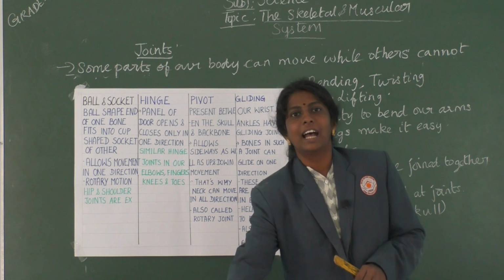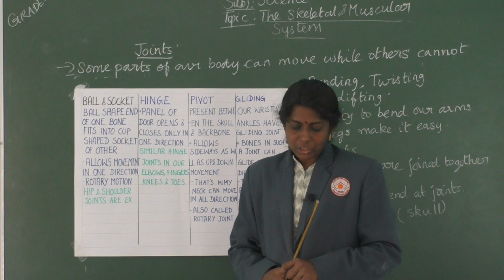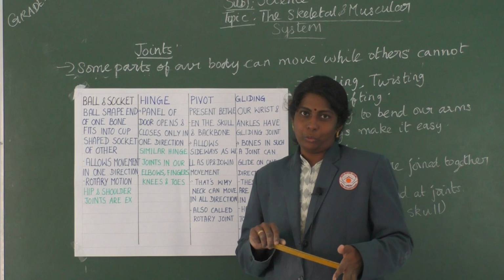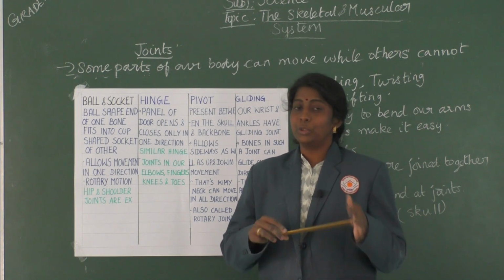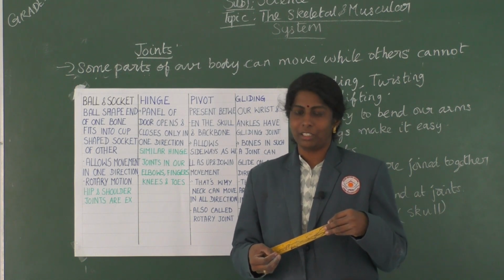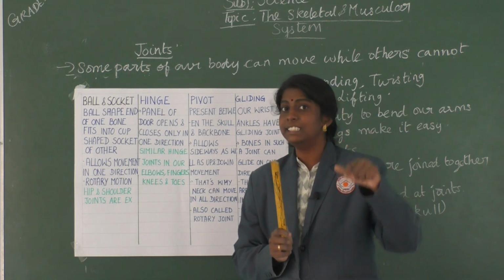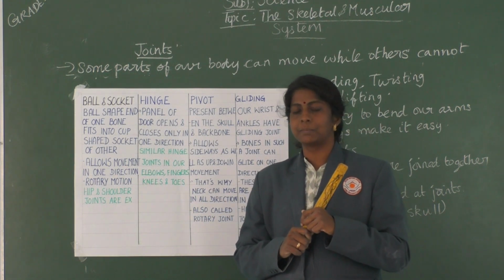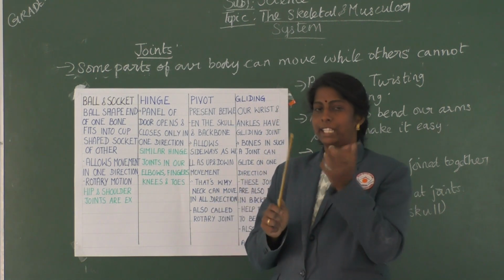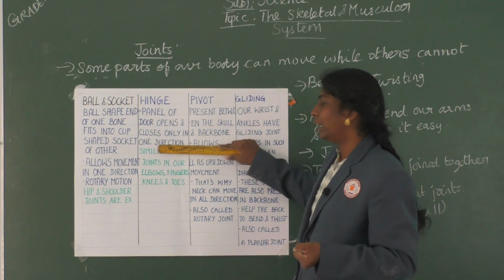Now the second type, the hinge joint. About the hinge joint, kids, you would remember the door. The door is attached to the wall by means of hinges or metal clips, is it not? So that the door can either be opened or closed with the help of the hinges. Similar to the door hinge movement, the panel of the door opens and closes only in one direction.